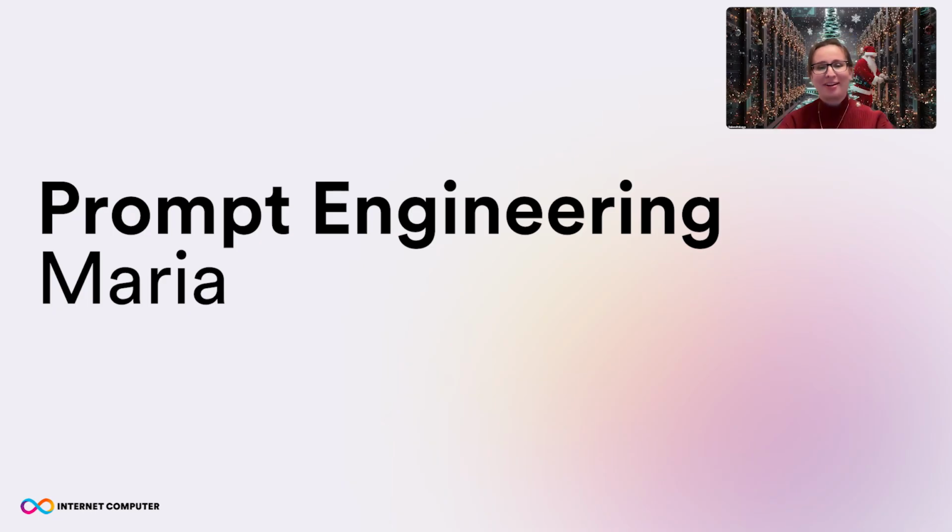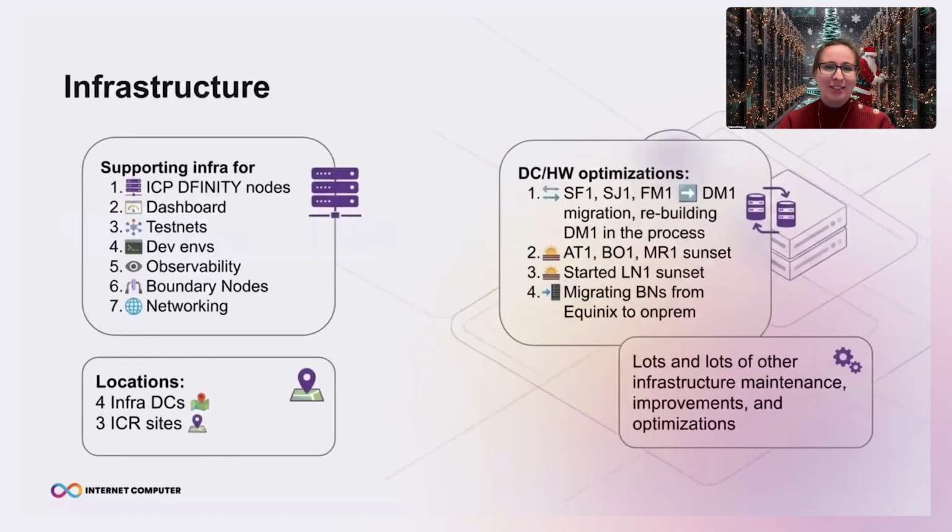Thanks a lot, Bas. Hi, everyone. So let's take a look back at 2025 for platform engineering. And let's start with the basics, with infrastructure. I think for infra, the biggest highlight and achievement is to just run all the infra smoothly.